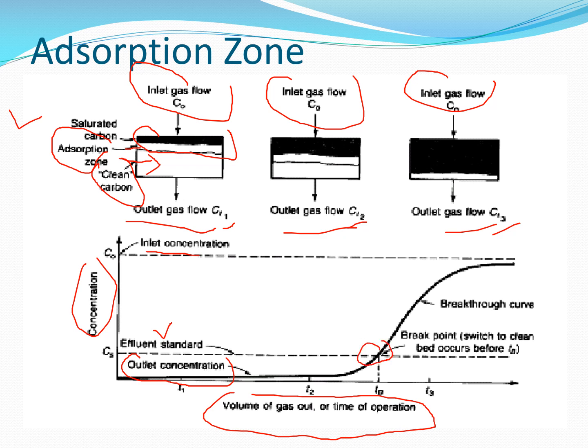At time T3, as the column is being saturated, you see that the concentration is now increasing, spiking. At this point, this is the break point, 1 to 5% of the total concentration, where you have to stop the column so the adsorbate is not lost. So this is the breakthrough curve, and this is the TB time, sorry, breakthrough time.